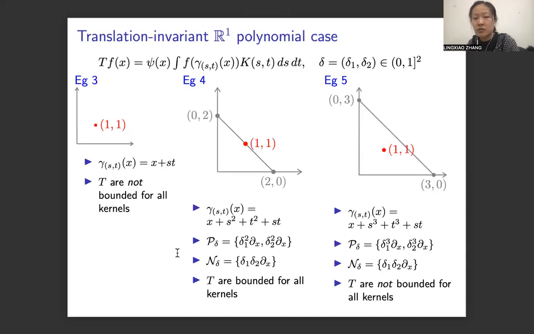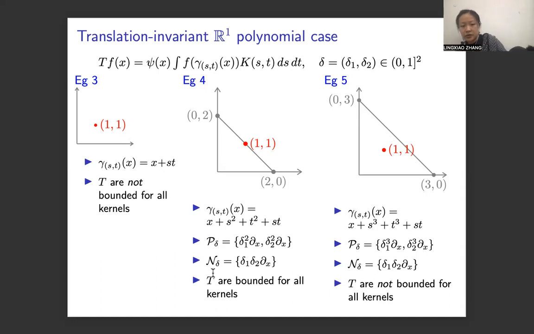And now I'm going to give you more examples in the translation-invariant polynomial case, because in this simple case, our abstract necessary and sufficient condition can be expressed in terms of the Newton diagram. Okay, so again, this is operator T, and delta is in (0,1) squared. And example 3 we have just talked about is unbounded. In example 4, let gamma be x plus s squared plus t squared plus st. Now the dilated pure vector fields are delta 1 squared dx and delta 2 squared dx.